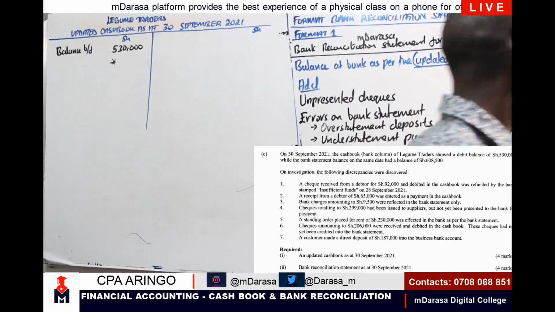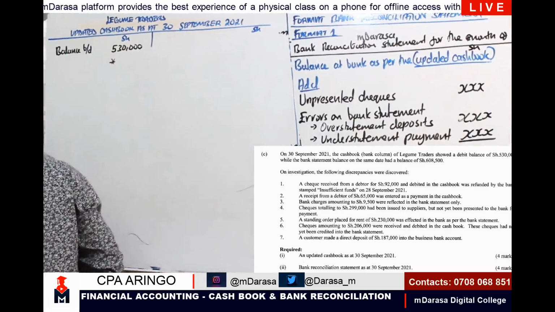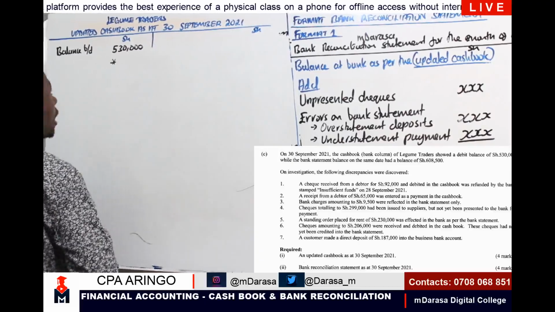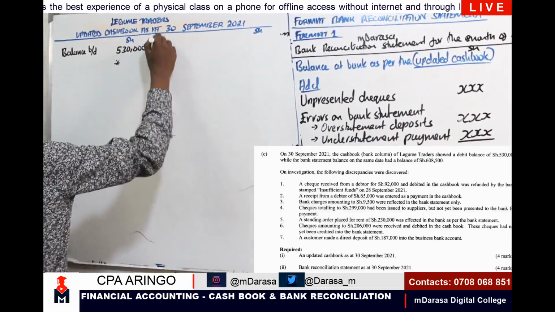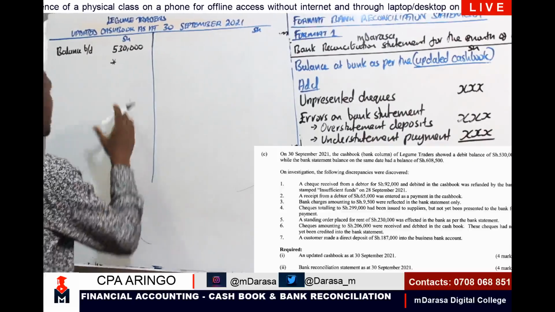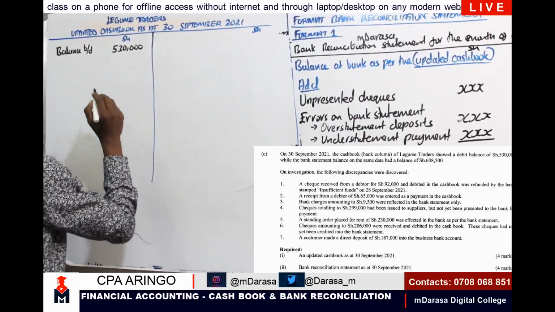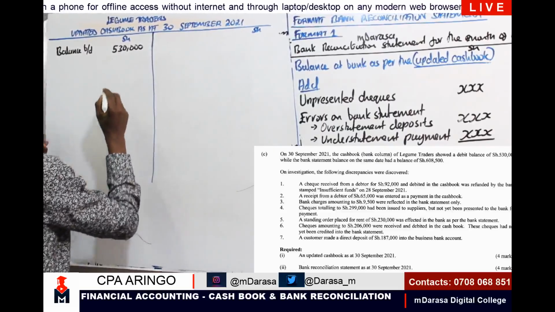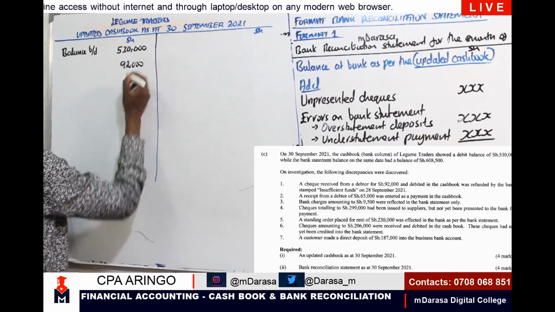So therefore, we are going to do what? We are going to credit that amount. So basically explaining it literally, we are saying that we had received this amount earlier on, and that's why that amount was recorded here. We had received this amount of 92,000. That check was initially recorded here, 92,000.